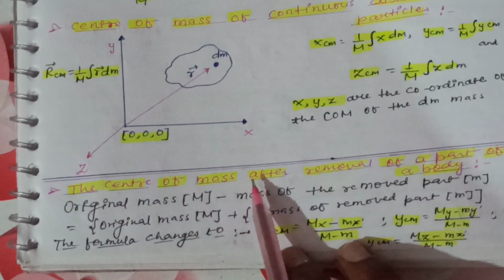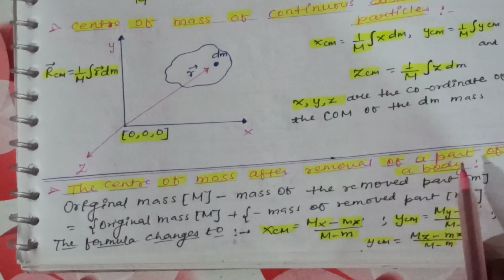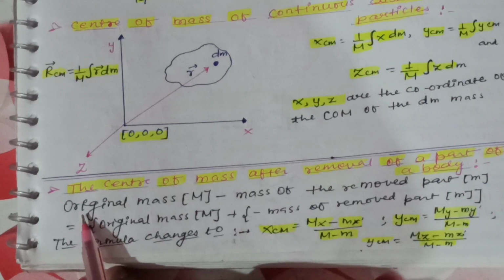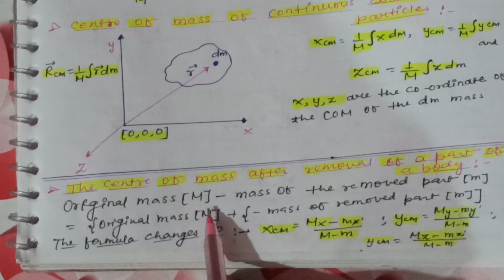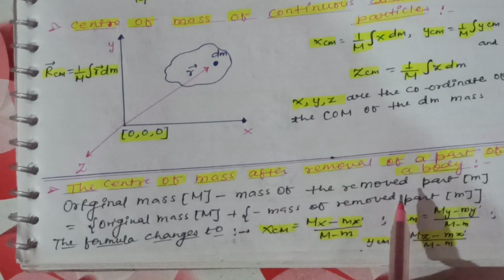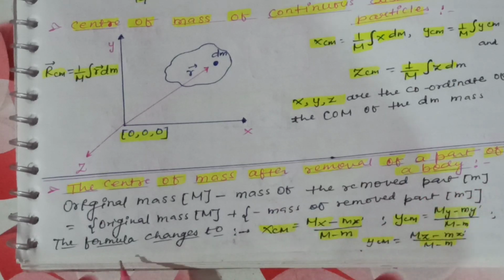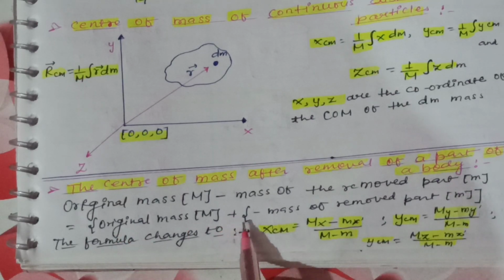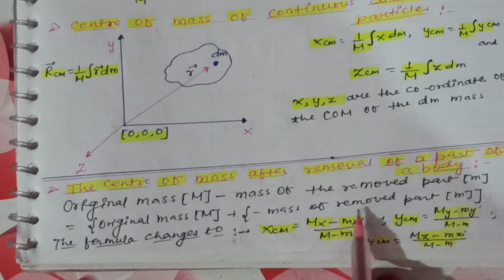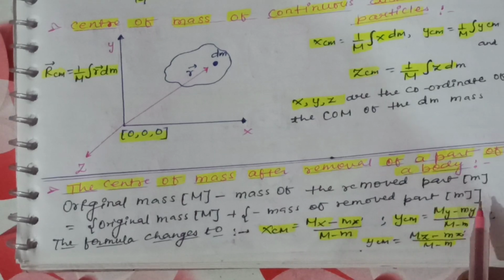The center of mass after removal of a part of a body. Original mass is capital M, and the mass of the removed part is small m, so the remaining mass is capital M minus small m.